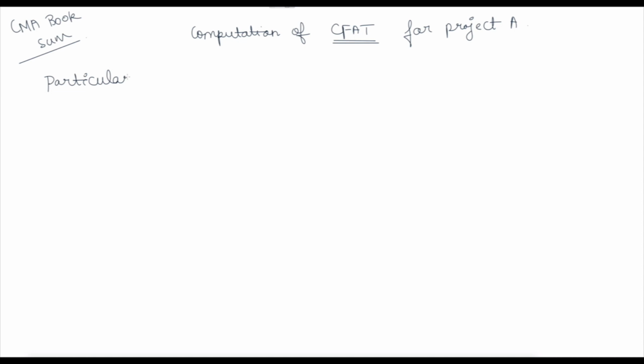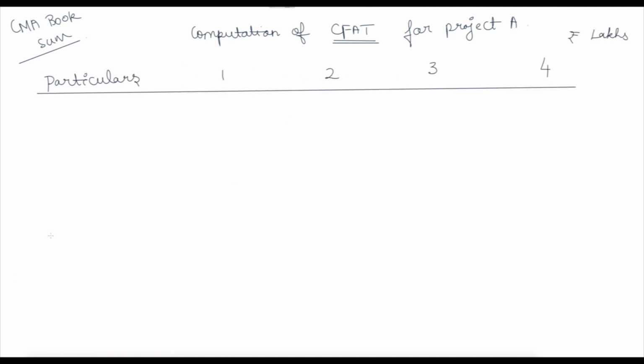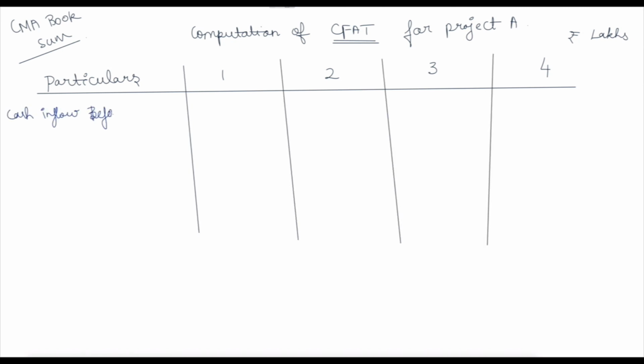So particulars, for project A, years 1, 2, 3, 4, so totally 4 years. Okay, the cash inflow before depreciation is given: 60, 110, 120, 50, minus depreciation.